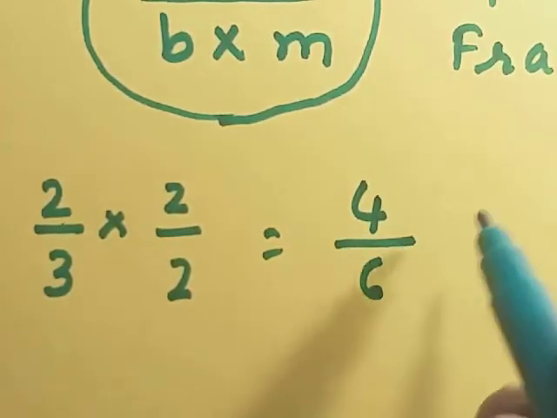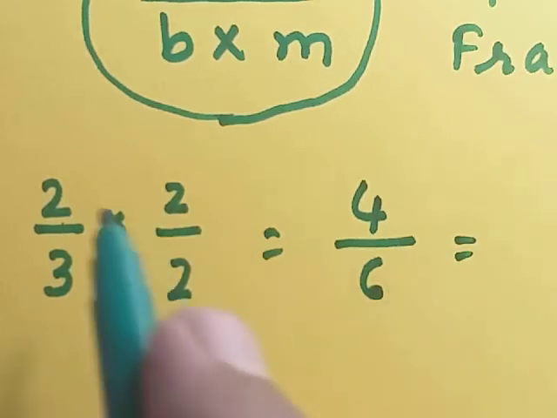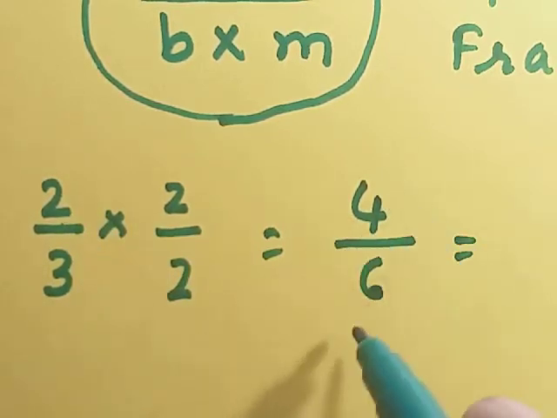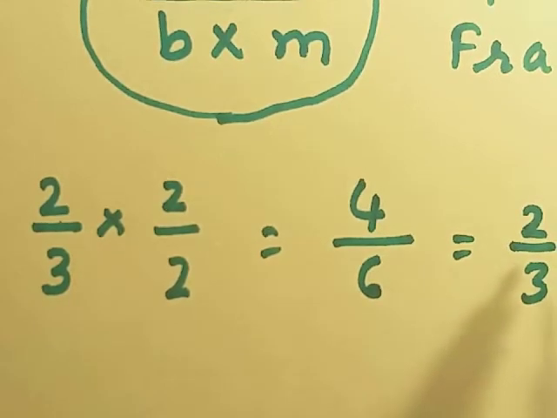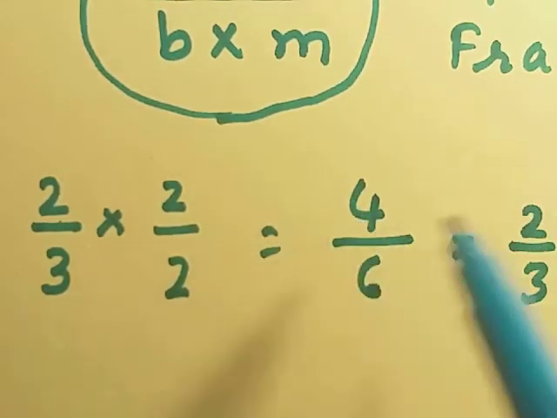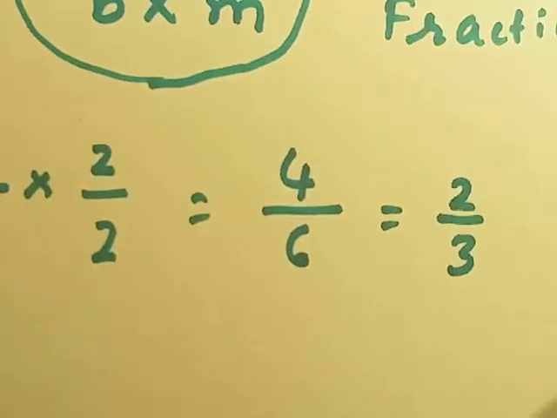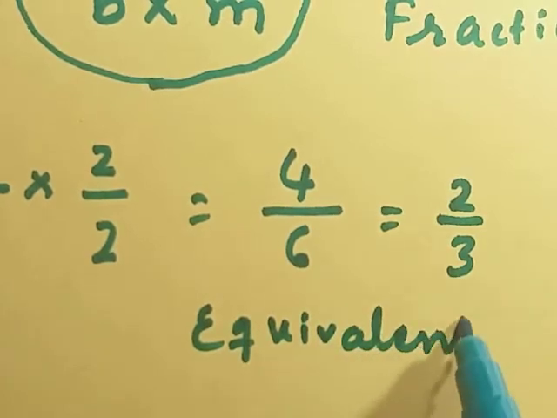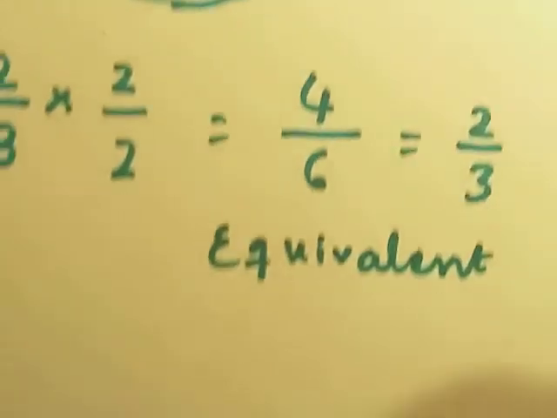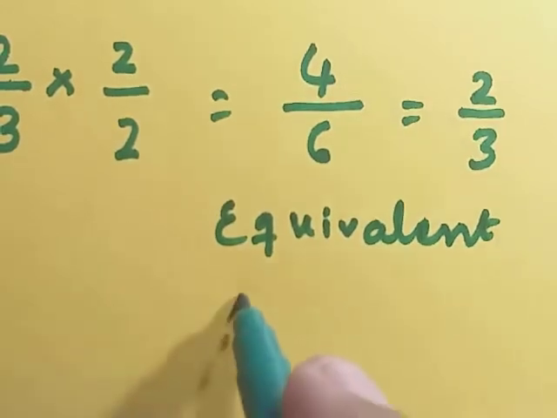When simplified, it again gives 2 by 3 only: 2 2s are 4, 2 3s are 6, cancelled, that becomes 2 by 3. Therefore, 2 by 3 and 4 by 6, both of these are called equivalent fractions.